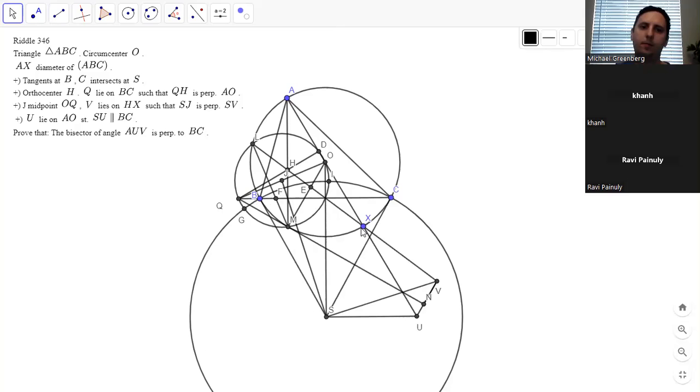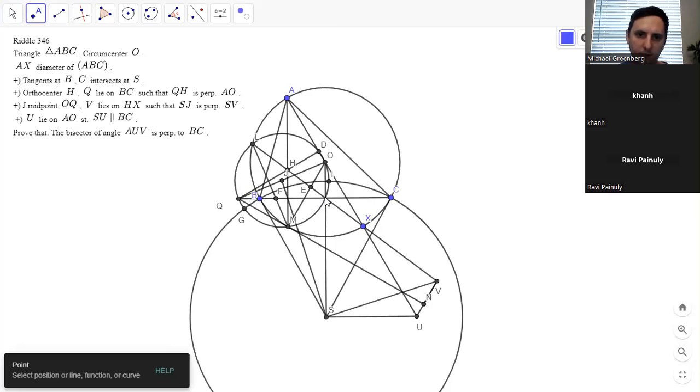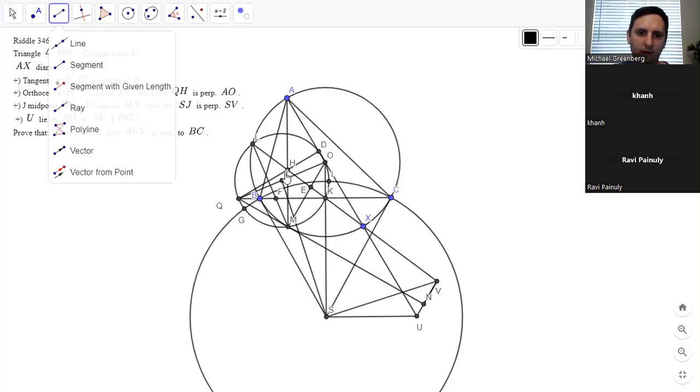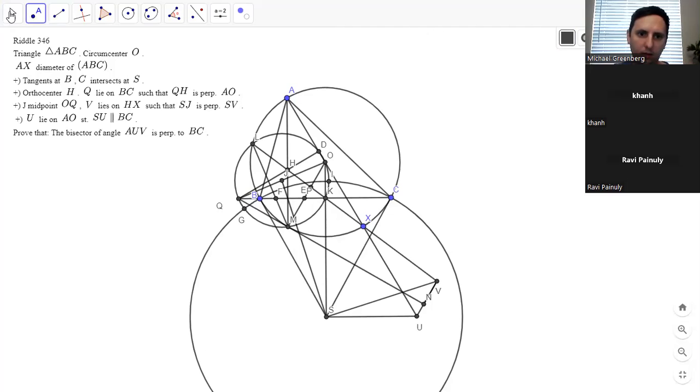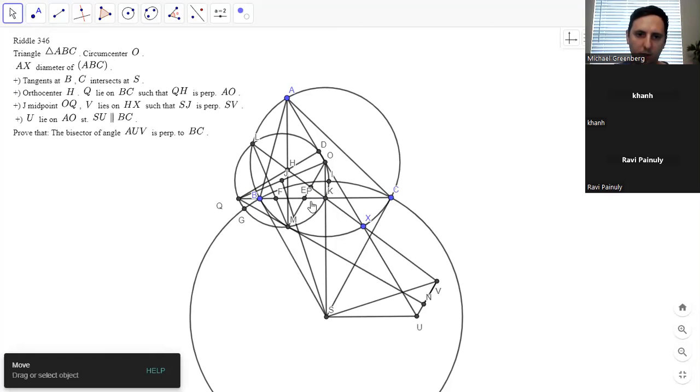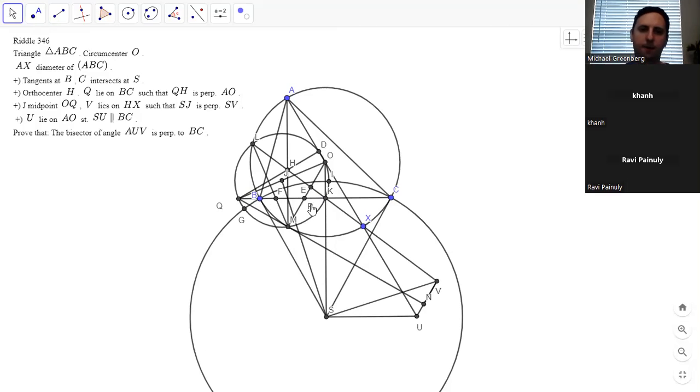Can you let the OM intersect BC at a point? So we can easily show that LBMC is a harmonic quadrilateral, so LMS is collinear.